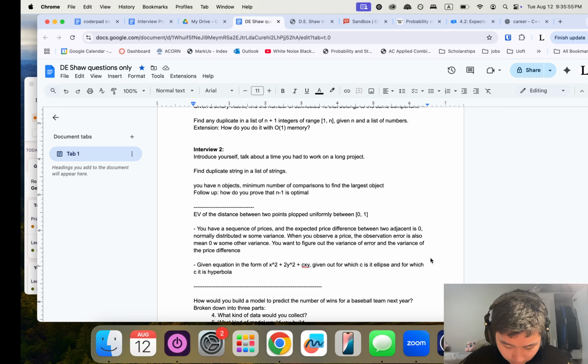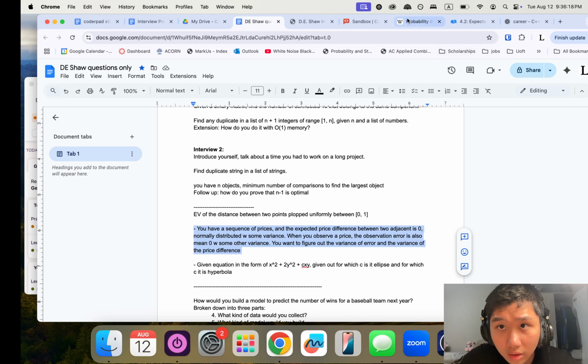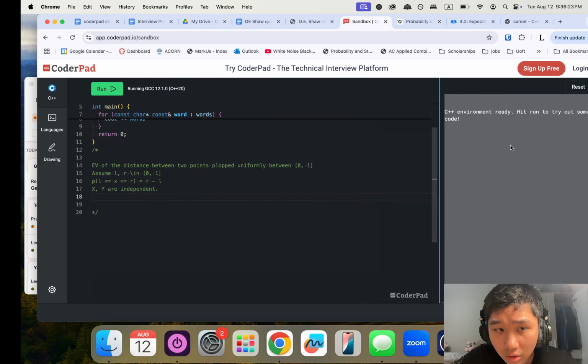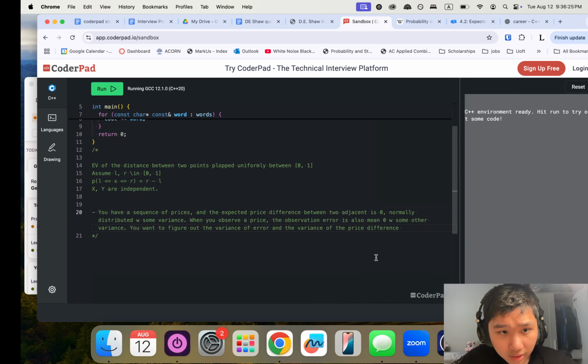You have a sequence of prices and the expected price difference between two adjacent ones is zero. So we're given, for example, x1 to xn.